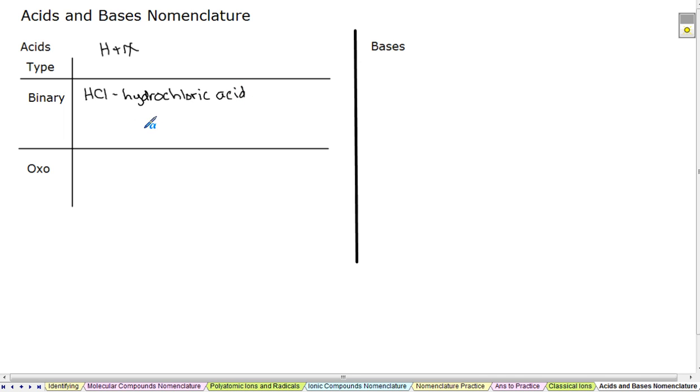Notice that when we name binary acids, we use the prefix hydro in front of the nonmetal's name. So hydrochloric acid, HBr would be hydrobromic acid.